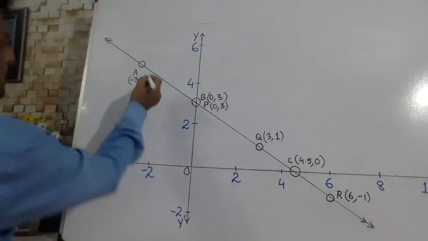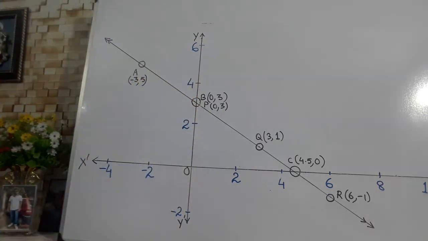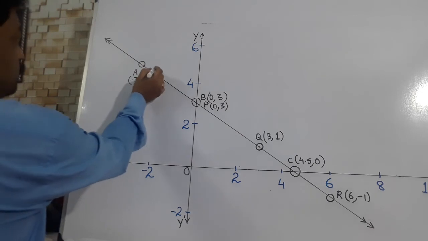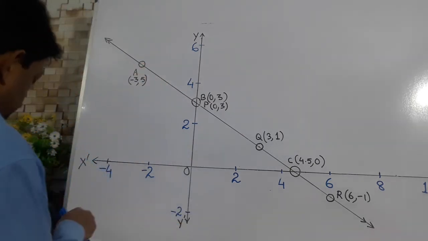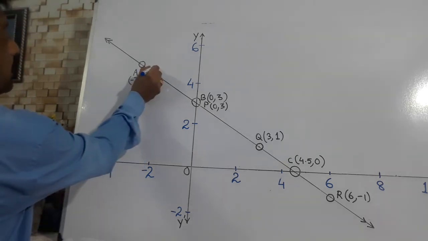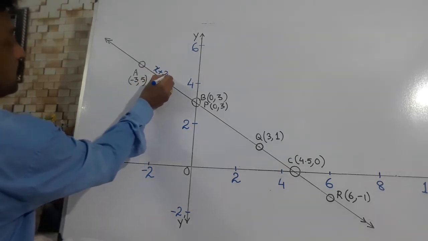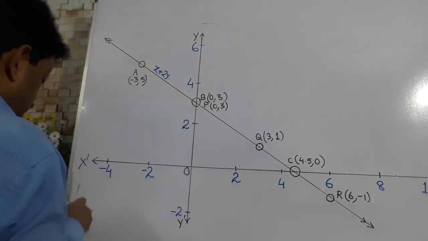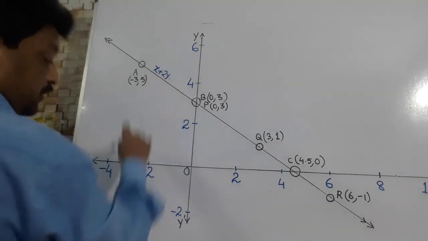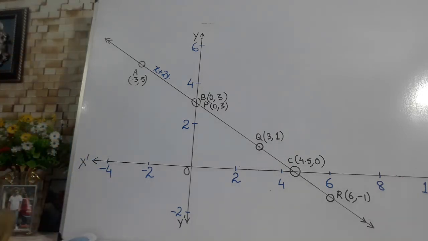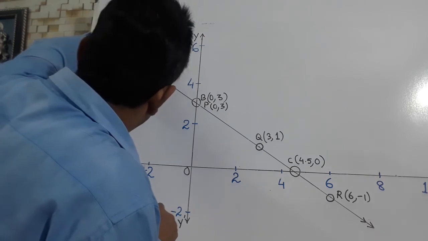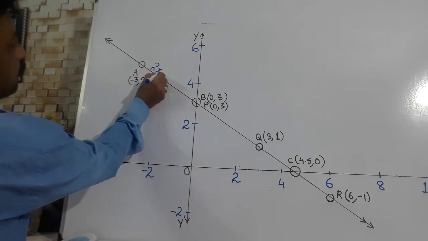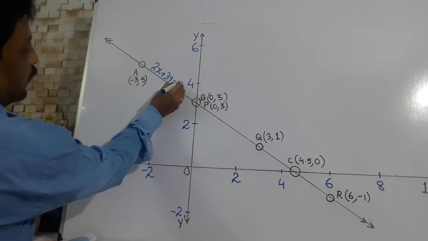So double arrow. So here I am writing the first equation, that is 2x plus 3y equals to 9.